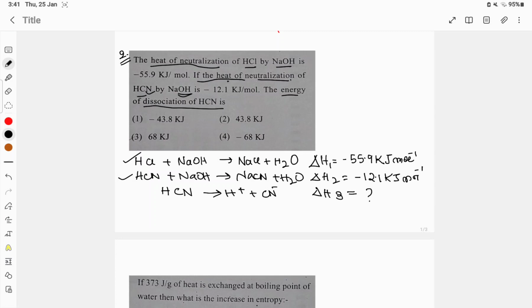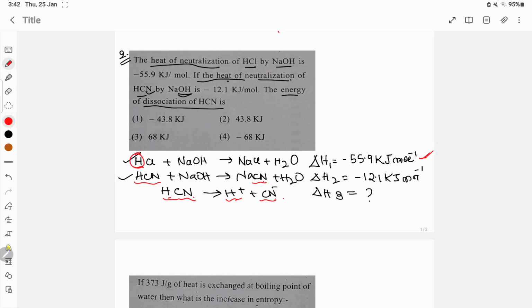Okay then, students, let's find here. In this equation, I need only HCN, this is here, and on the right side, I need H plus and CN minus. CN minus is already there. So H plus is on the left side in the first equation, so I have to reverse this equation.